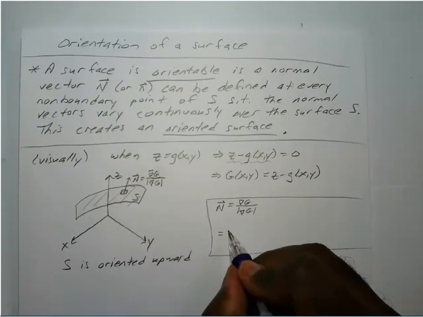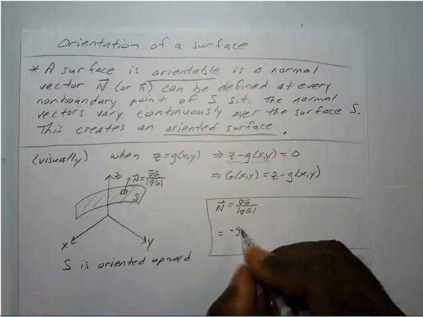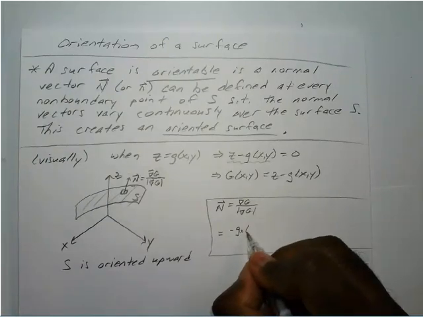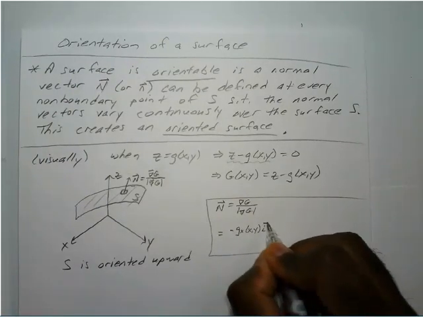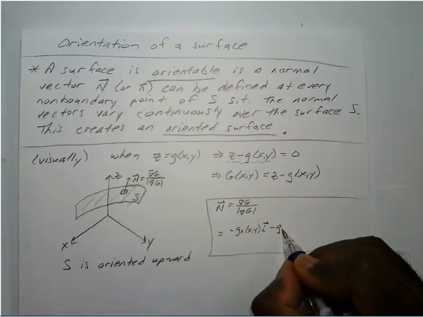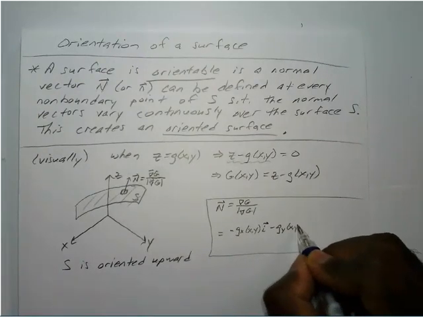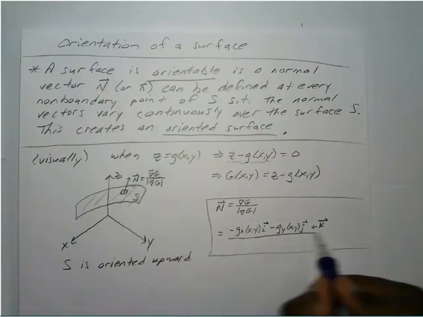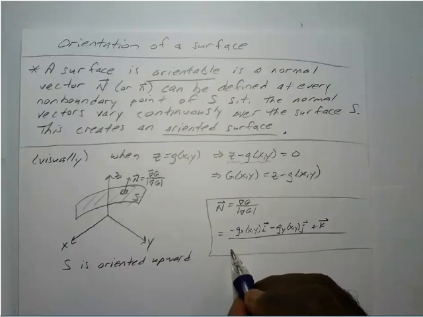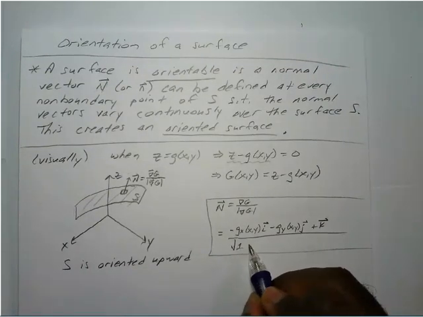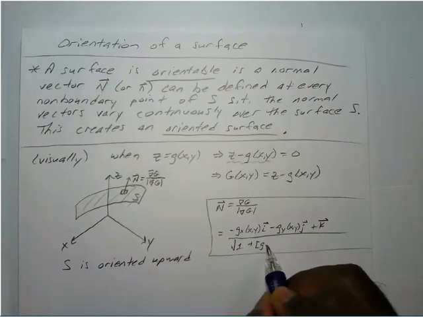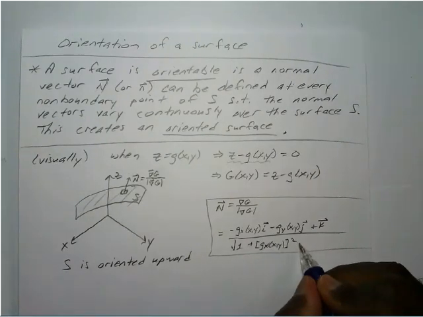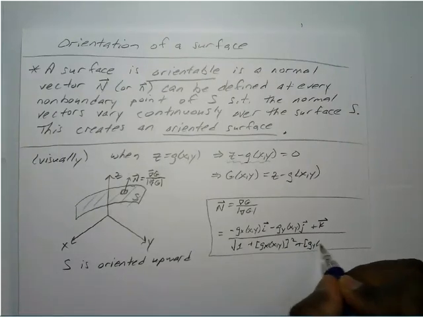Which is equal to negative G with respect to x, or the partial derivative of G with respect to x, times the I unit vector, minus partial with respect to y times the J unit vector plus the K unit vector, divided by the magnitude of the gradient, which is the square root of 1 plus the partial with respect to x plus the partial with respect to y.